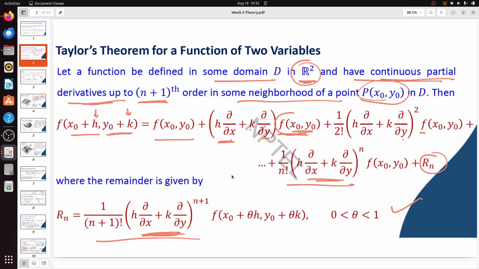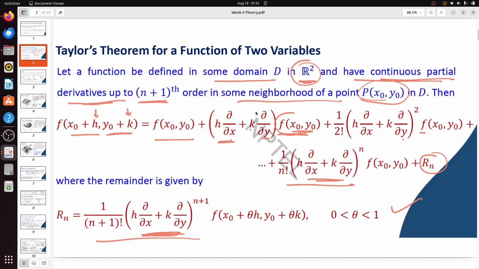plus 1 by factorial 2 (h del by del x plus k del by del y) whole squared f at x naught y0 plus and so on plus 1 by factorial n (h del by del x plus k del by del y) to the power n f at x naught y0 plus Rn. This Rn is the remainder term after the nth term, and that is 1 by (n plus 1) factorial (h del by del x plus k del by del y) to the power n plus 1 f at (x0 plus theta h, y0 plus theta k).